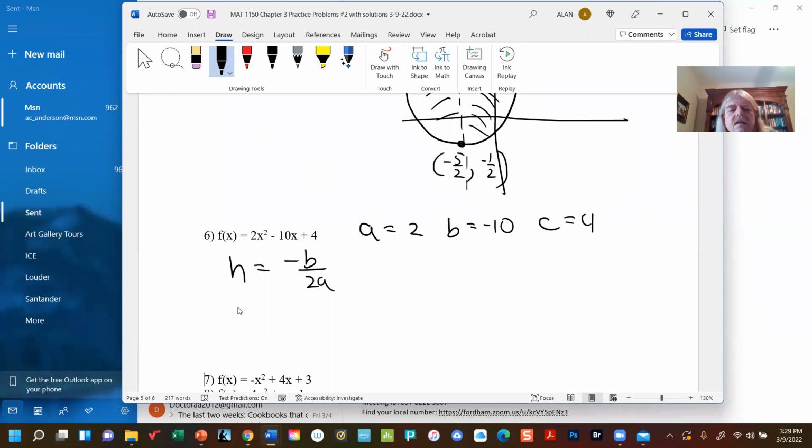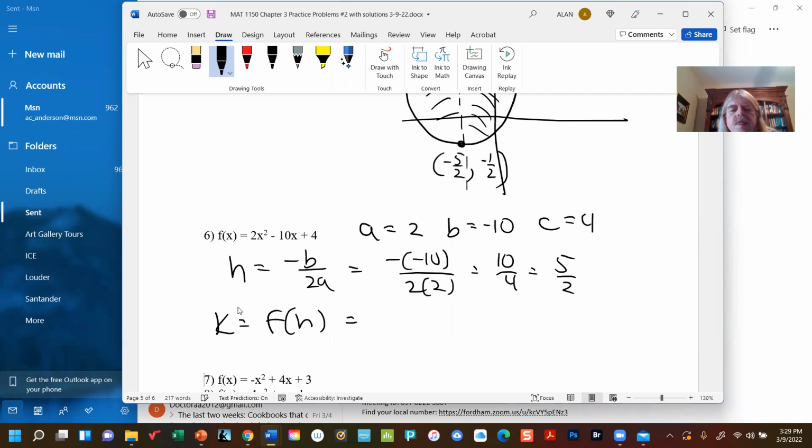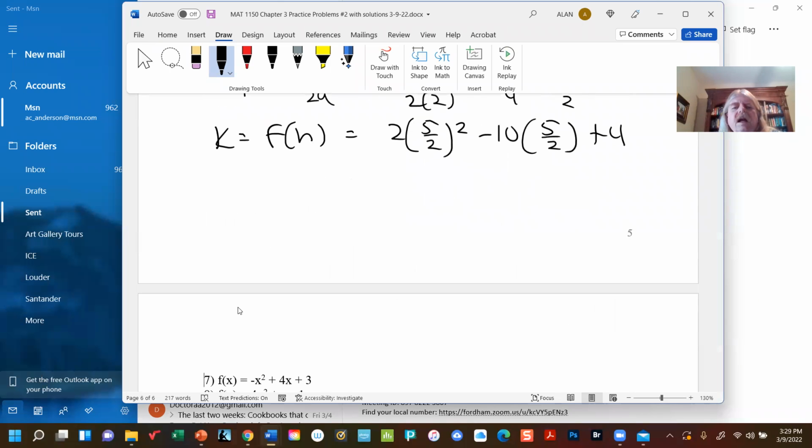And that would be -10 over 2 times 2. 10/4 is 5/2. K is f of h, which means you'll have 2 times 5/2 squared minus 10 times 5/2 plus 4. And so we'll end up with 2 times 25/4 minus 50/2 plus 4.